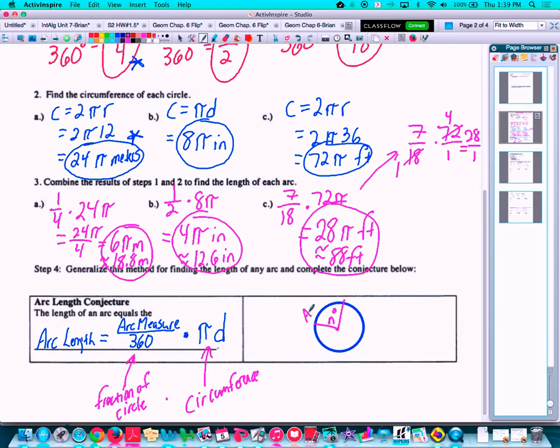And I want to know what my arc length is. So I want to know what that arc length is. Basically, that means I'm going to take n degrees out of 360 degrees times whatever the circumference is, which I'll abbreviate because I'm running out of space here. So fraction of the circle times the circumference will equal our arc length.